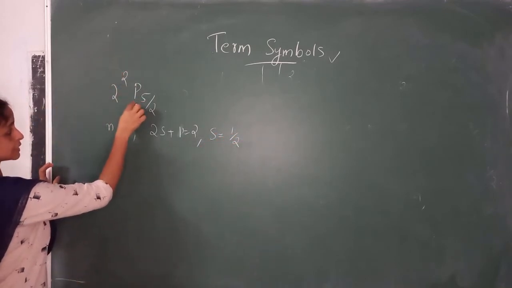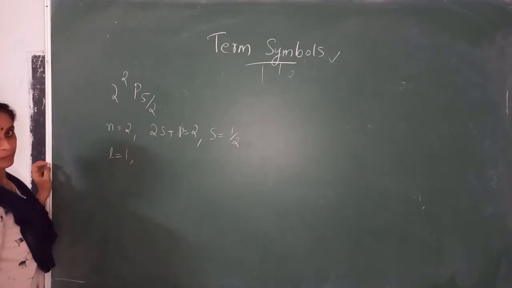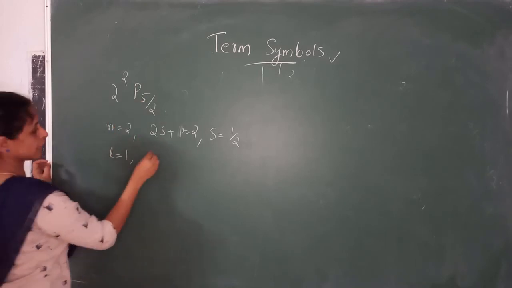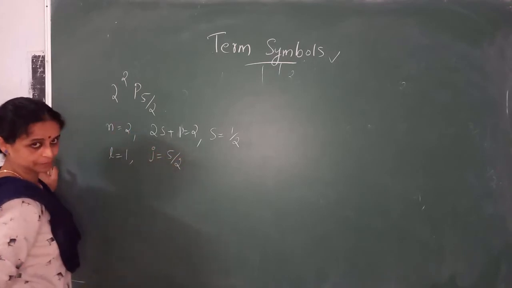Then P is the P state, that means L equal to 1. Then J is equal to 5 by 2 in this case.